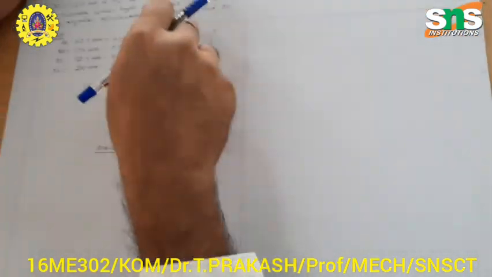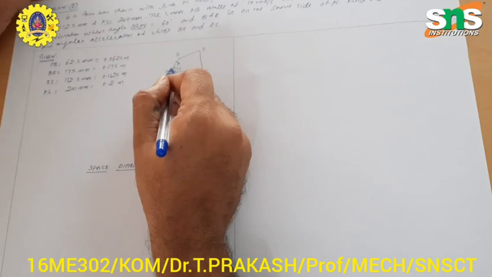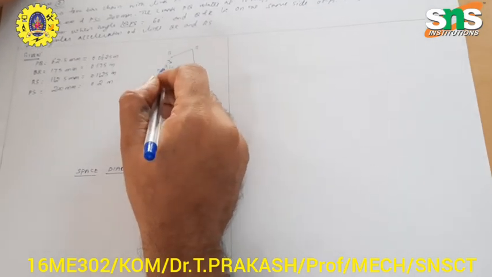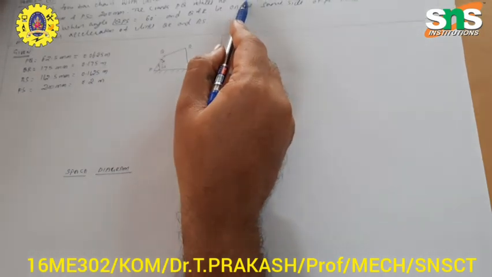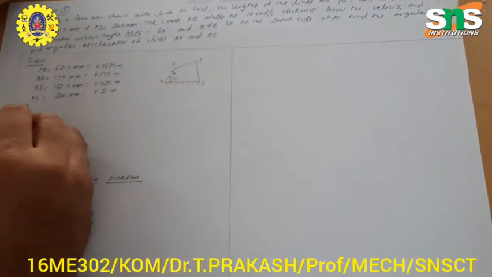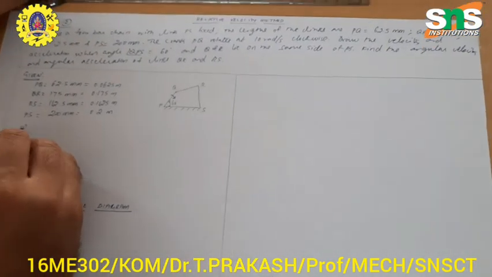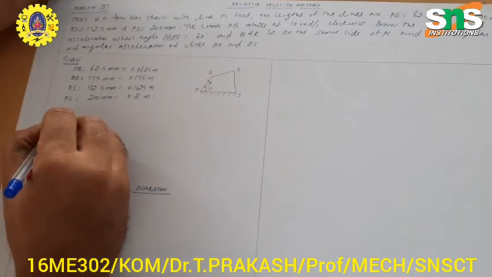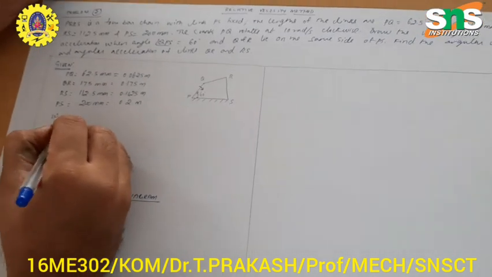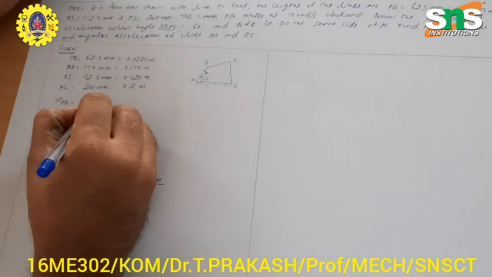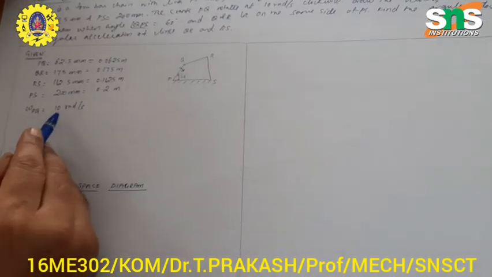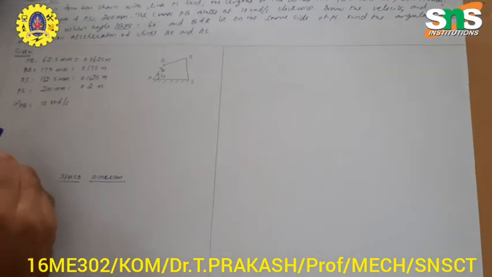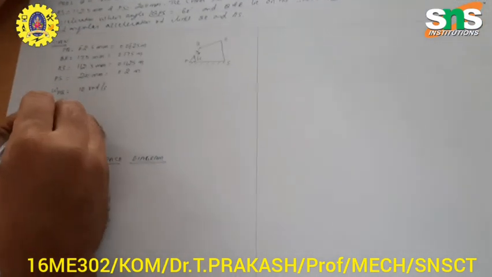Next, on the PQRS, PQ is the crank. It is rotating in clockwise direction with an angular velocity of 10 radians per second. Therefore the angular velocity of link PQ is directly given, 10 radians per second. Directly we can find the velocity value.